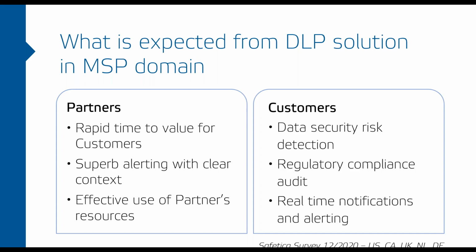But for customers, the top three things are data security risk detection, compliance with regulations, and the possibility to do an audit in order to comply with these, and of course real-time notifications and possibly alerting as well, because in this segment, if you get some information too late, let's say half an hour too late, it might be already too much. So it's important that the solution complies with all of these points.